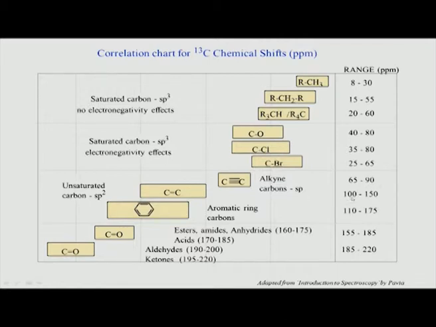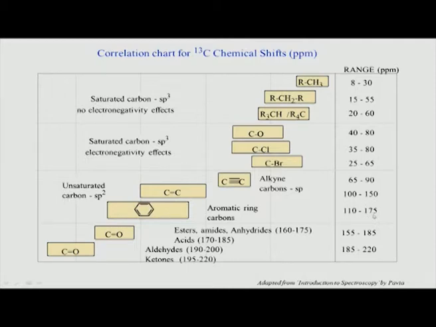Then after 100, 105 start the C double bond C carbons. And the very popular one in chemistry we come across is the aromatic rings, which come prominently between 110 to 150.